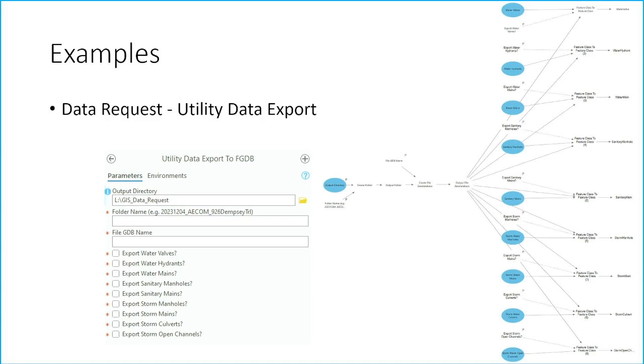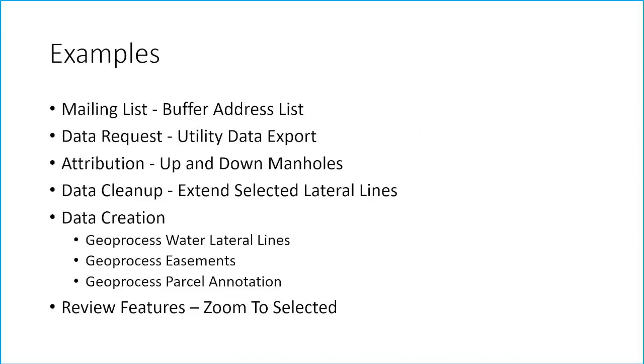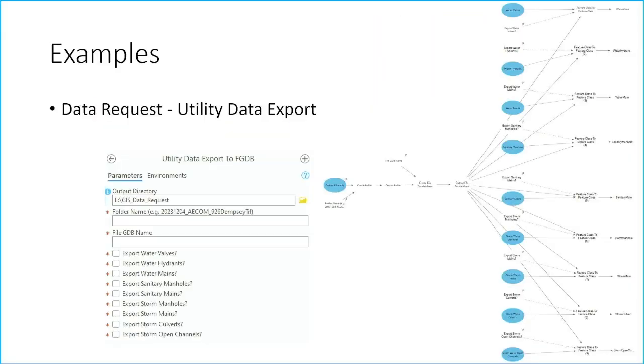Checking that turns this green, as an example, which would allow this to take place. But the rest of these are not, so they would actually get skipped. So the model would run fast because it's only exporting one data set, it's not doing all of them.